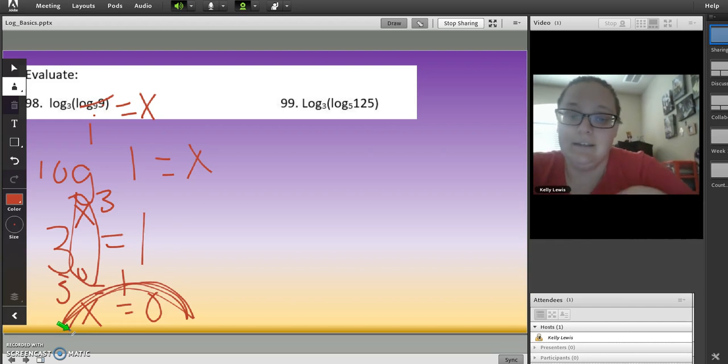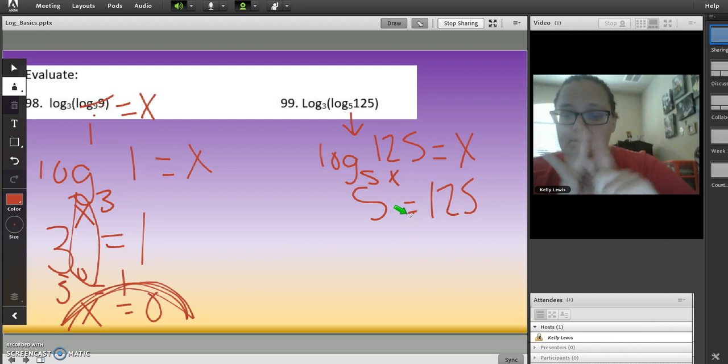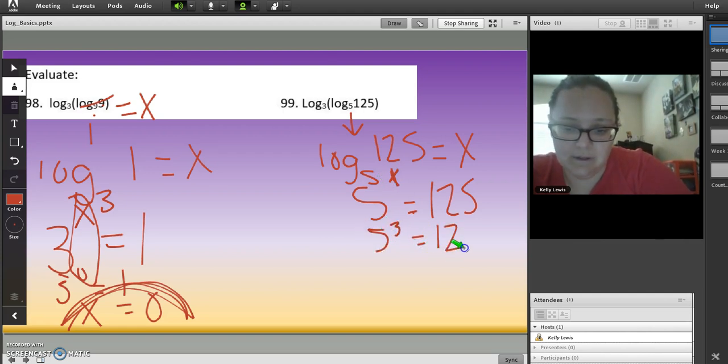Okay, here, it's kind of sneaky. First, let's do this guy. This guy says log base 5 of 125. Let's call this x. So 5 to some power x equals 125. Well, 5 times 5 is 25, times 5 is 125. So this x right here is really 3. 5 to the third is 125.